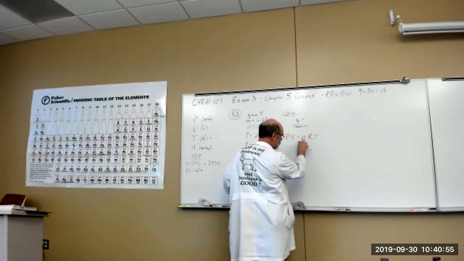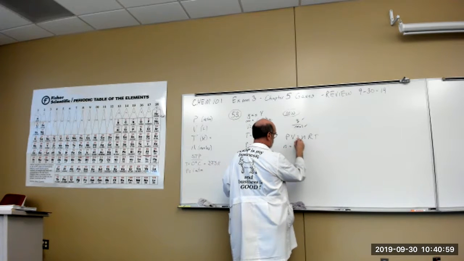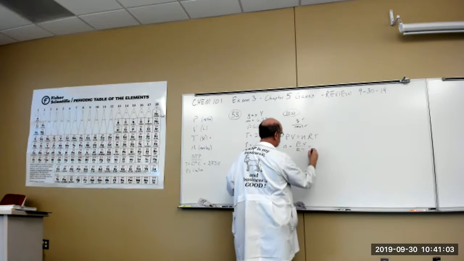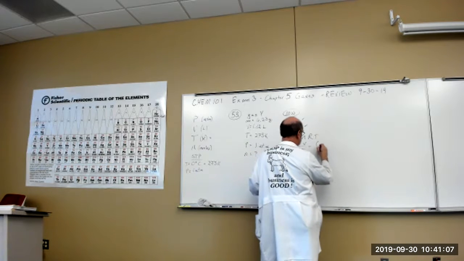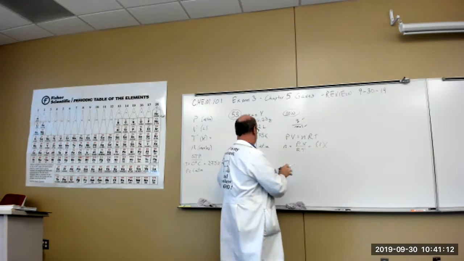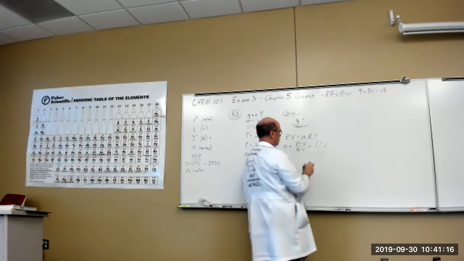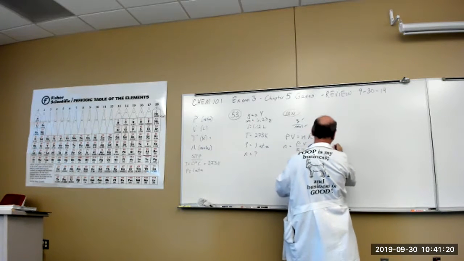So we need to solve for this one, n equals PV over RT. So pressure is 1 atmosphere. I'm going to leave out the units because we've made the conversion here, so we know they're going to be right. Volume, 1.12 liters.